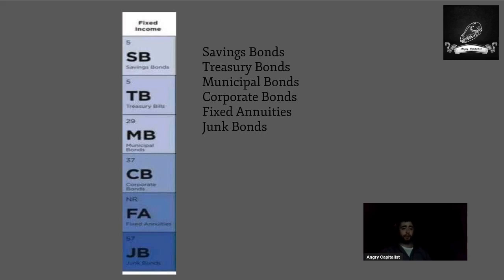Not so much that they're tied up as much as other fixed income assets can be, such as fixed annuities. It's just that, once again, you've got to have the right buyer for something like a junk bond. So it may be difficult to exit a position if you buy these. And for that reason, these are rated with a low liquidity.